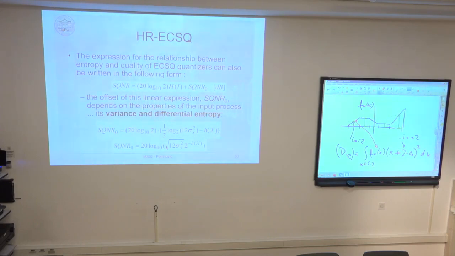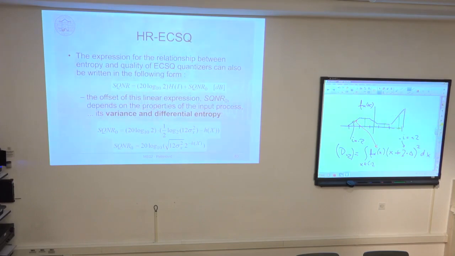So for all processes that share the same variance, you would have the measure of the final result on the quantization quality. If the differential entropy is higher, then the offset goes down. So it is a lower quality if the process is more complex to be quantized.